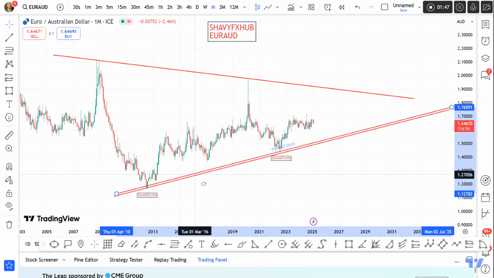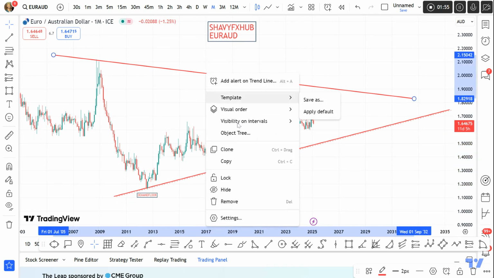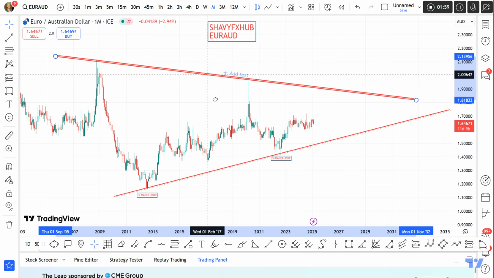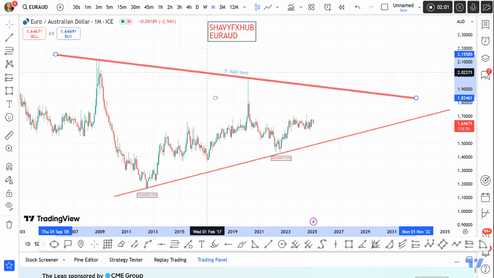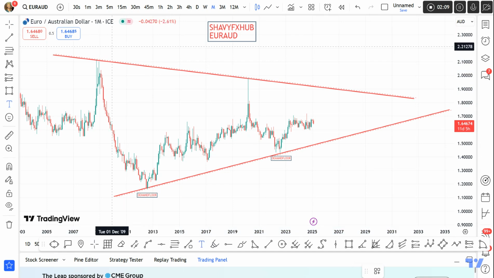So now we have an ascending trend line, a higher time frame ascending trend line, which is a monthly time frame ascending trend line. And from the roof, we have a descending trend line still on a monthly time frame to hold. And that will be my supply roof.